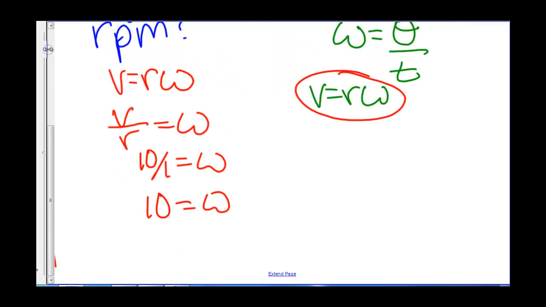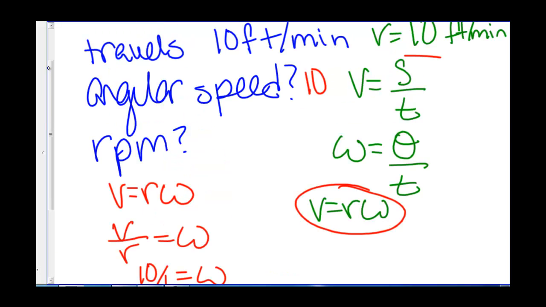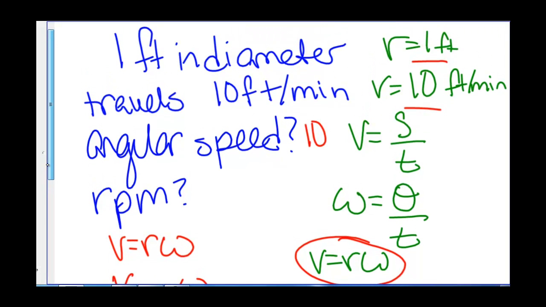We're asking for revolutions per minute. So that is the same because our angular speed is in radians per minute.